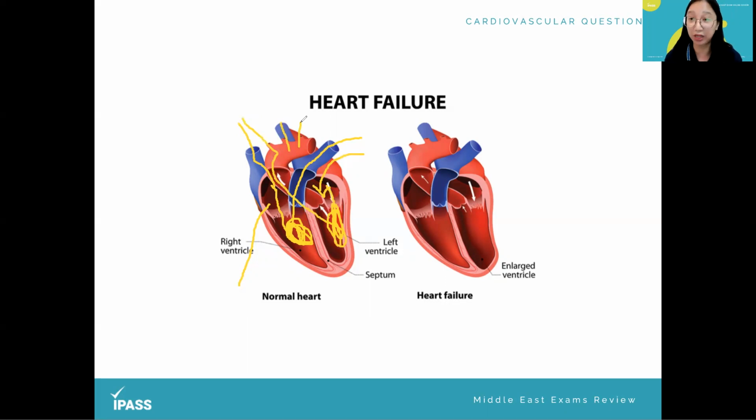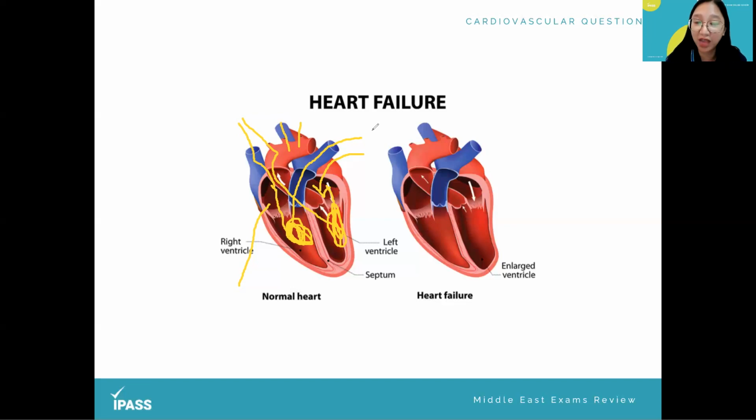However, in heart failure, the muscles of the heart are failing. If the muscles fail, the contraction of the heart fails. Instead of pumping out blood sufficiently to the systemic circulation and to the lungs, the pumping mechanism is failing, or decreased.